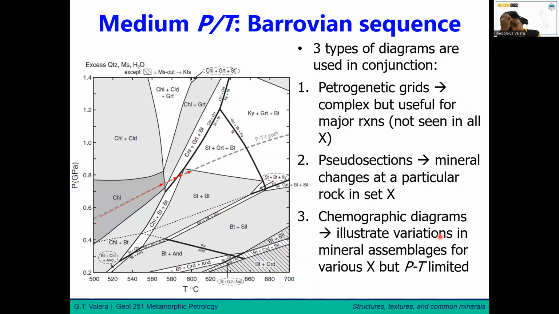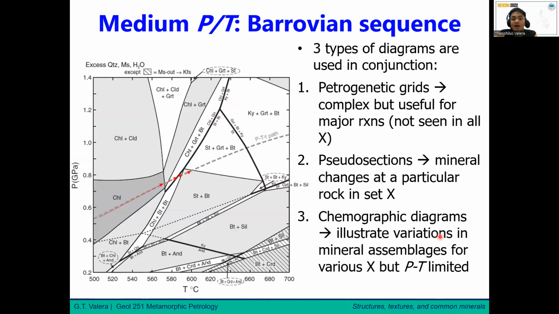One, you use a petrogenetic grid to identify complex but useful reactions that are considered major, meaning ito yung main reactions that you should look for. Okay? The pseudosections, however, will show you the mineral changes at a particular rock in a set bulk composition. And then, you use chemographic diagrams to follow illustratively yung changes in mineral assemblages across various compositions, but the PT is limited.